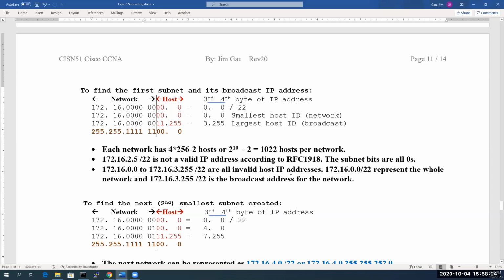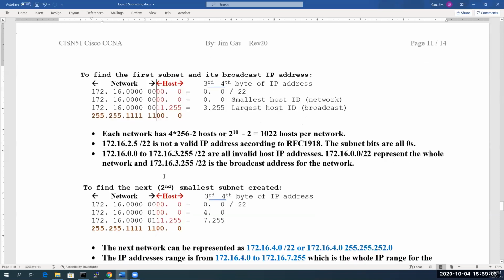All of those host IP addresses belong to 172.16.0.0/22. Okay, so if you write it this way, it means the whole network from 0.0 all the way to 3.255. And 3.255 is the broadcast, and 0.0 represents the network. So the host IDs are from 0.0 all the way to 3.255 in here. So you can derive from here.